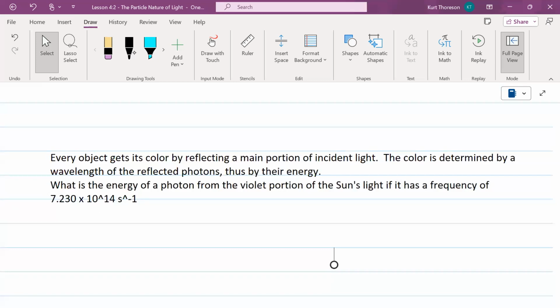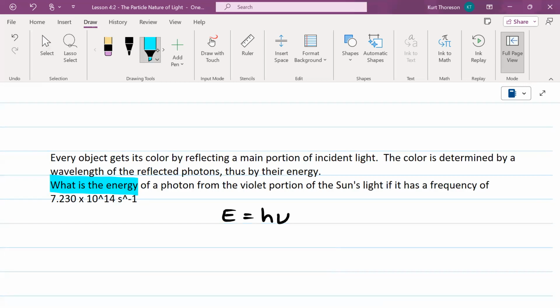I will help you get started with this, okay? So you're going to use Einstein's equation, but before you do that, you have to be able to just read. What is the energy? Stop right there. What are you solving in this problem? Are you solving for E, or for h, or for nu, frequency?